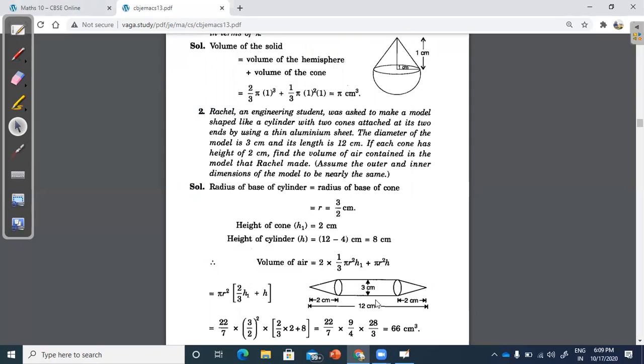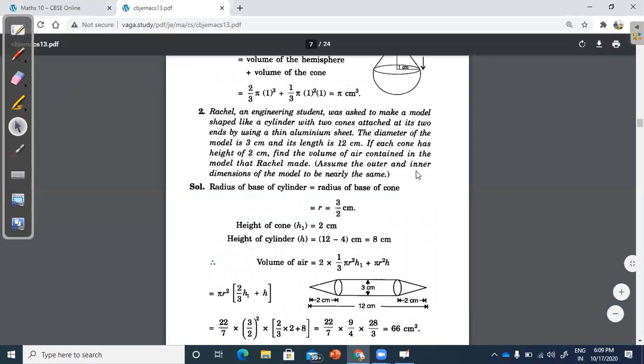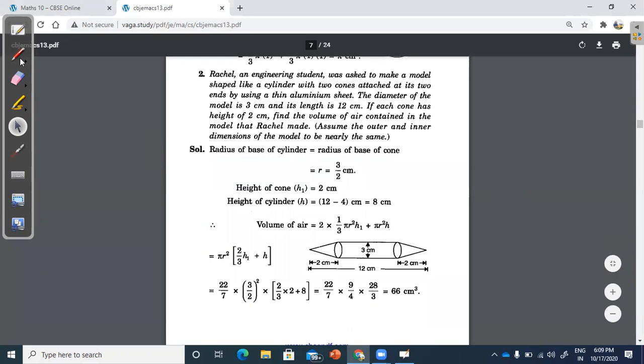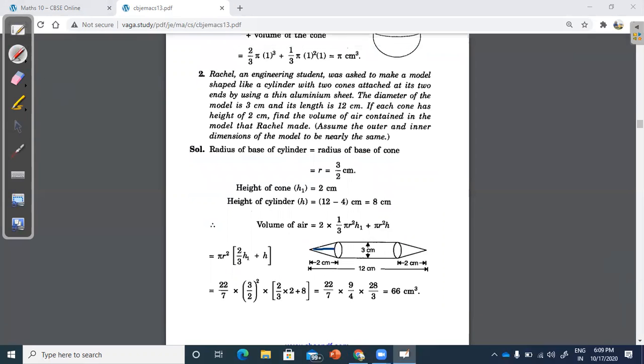So first of all, this total length of this model is 12. So the radius is 3 by 2, that is 1.5, right? So what we need to do is understand here that the radius here is 1.5 and the height of the cones are 2 each. So this height is going to be 2 and this height is also going to be 2.